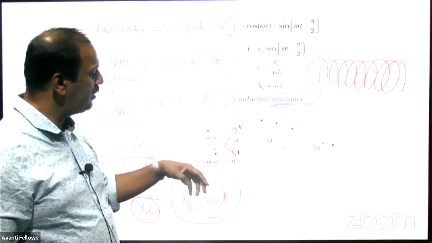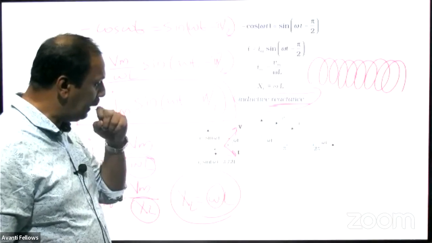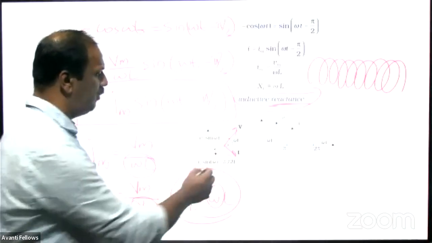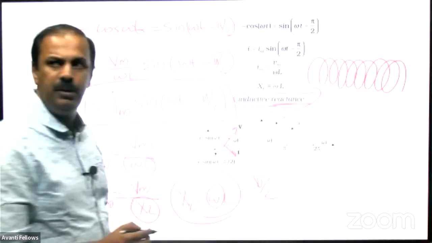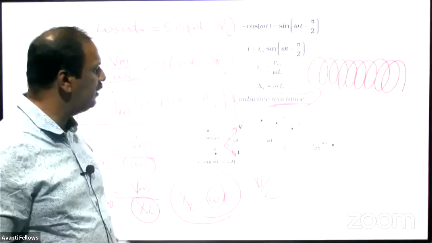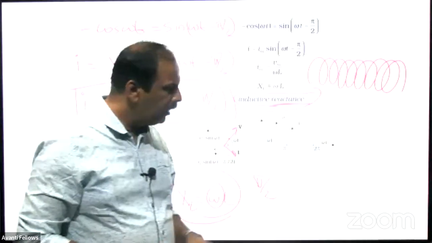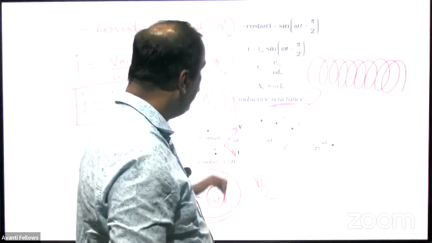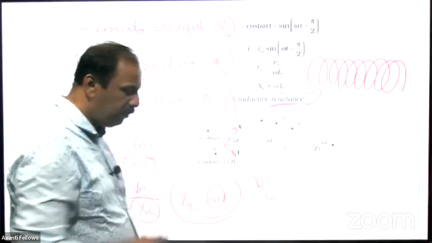Voltage leads and the current lags, and there is a phase difference of pi by 2 or 90 degrees between the current and voltage in the case of an inductor. That's what we did at the last. Now, here we discussed this phase difference.